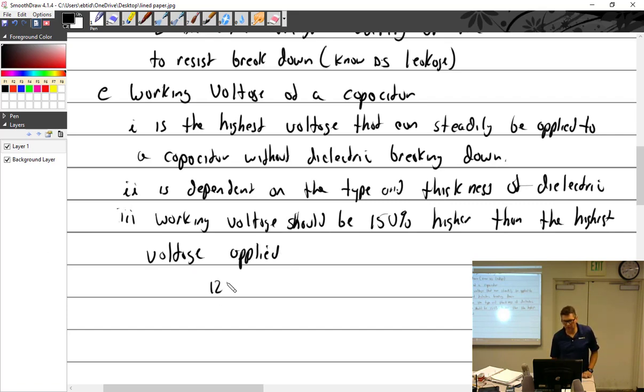So if we had a 120 volt AC system, VAC, what would be the working voltage? Well, that'd be 120 times 150% equals 180 volts working voltage.